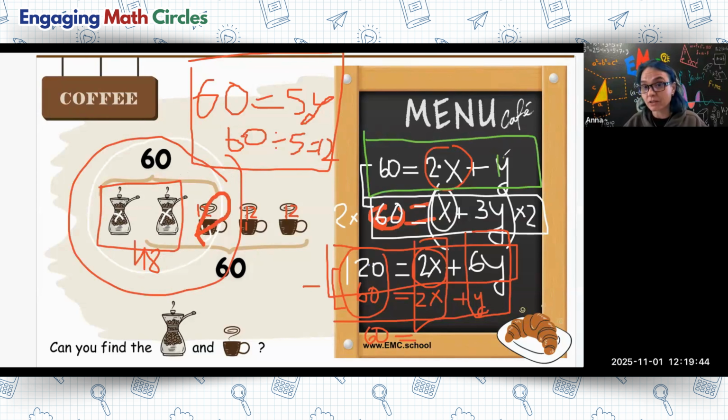We figured it's 12. Now I have 2x and 12 making 60. So you subtract 12 from 60, you get 48. And if we go formally, 48 equals 2x. And then we divide by 2, and you get 24 as we had before. And yeah, Matvey, you can finish.